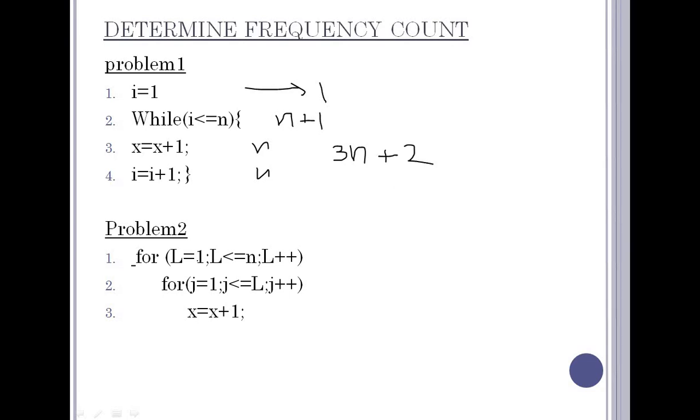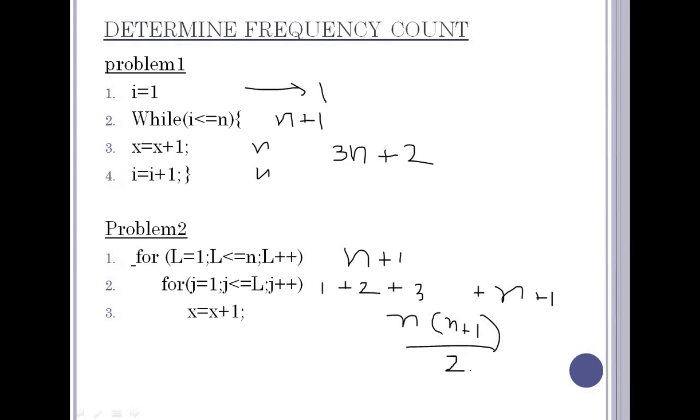Same over here, from L plus 1. Here I will execute this step n plus 1 times, and after that this one the first time executes 1, the second time executes 2 times, next time executes 3 times. In this way it will execute up to L, that is n plus 1 times. So it is n plus 1 divided by 2.